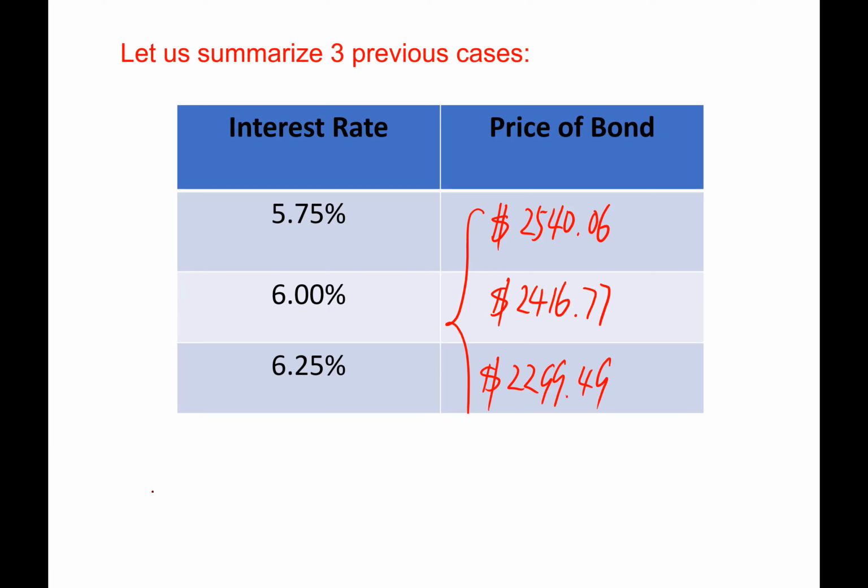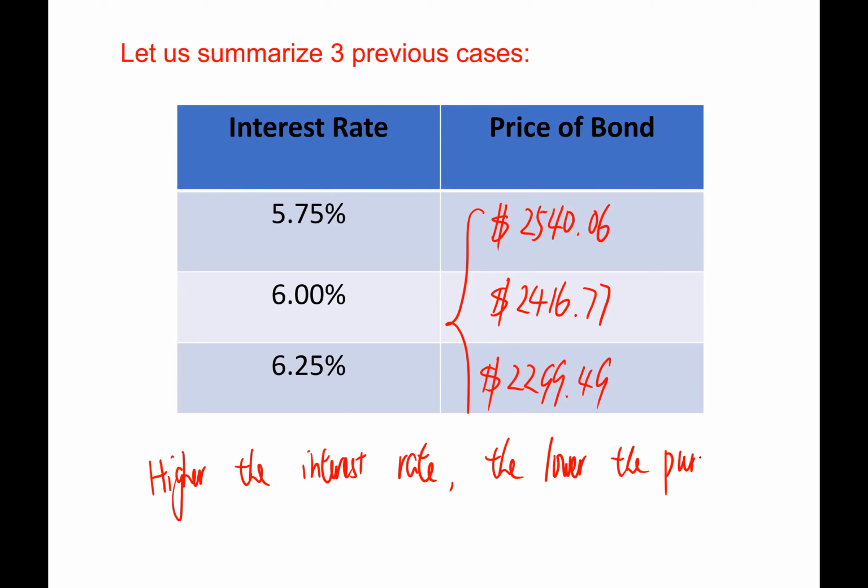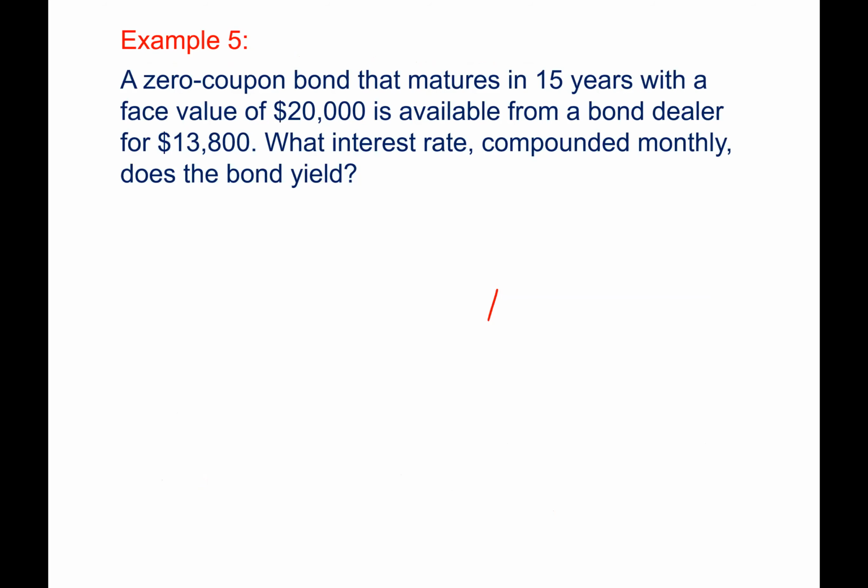So the higher the interest rate, the lower the purchase price. So they have an inverse relationship, right? In this case. Okay.